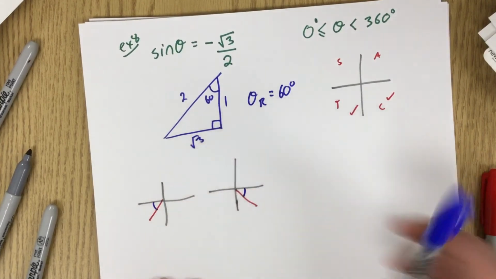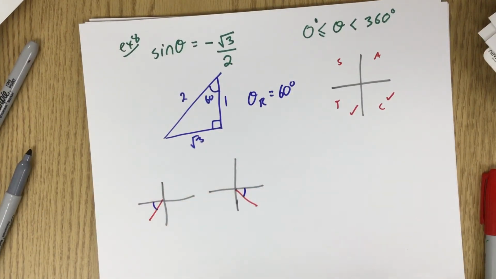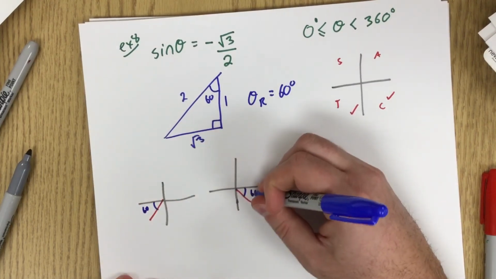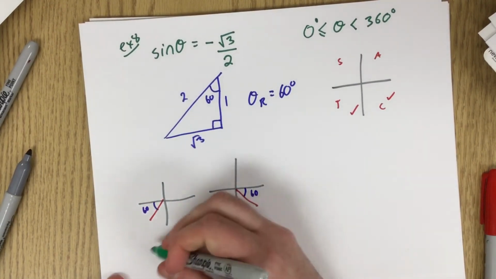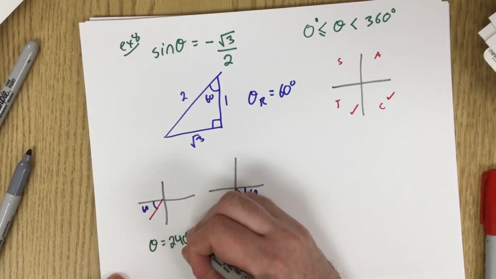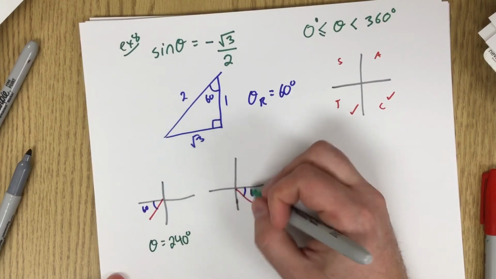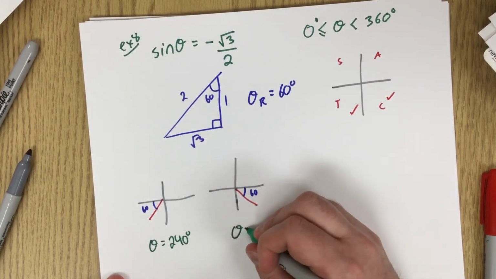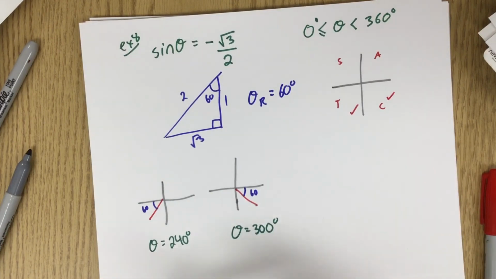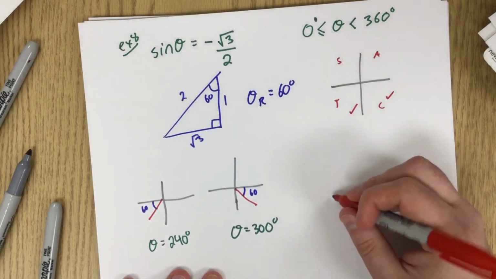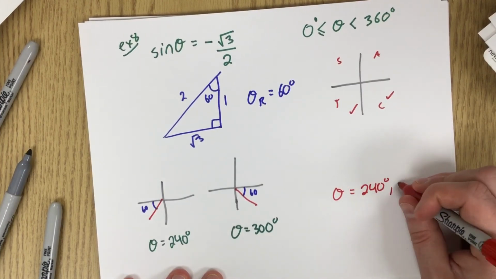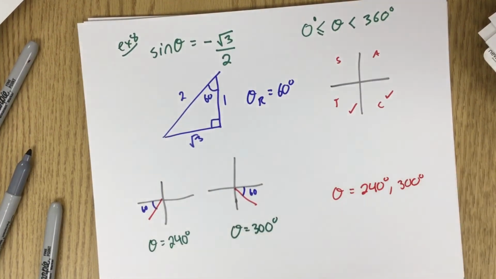That's going to be 60, that's going to be 60. And our answers are going to be 180 plus 60, 240 degrees. And this one's going to be 360 minus 60, which is going to be 300 degrees. And so our answer is 240 degrees or 300 degrees.